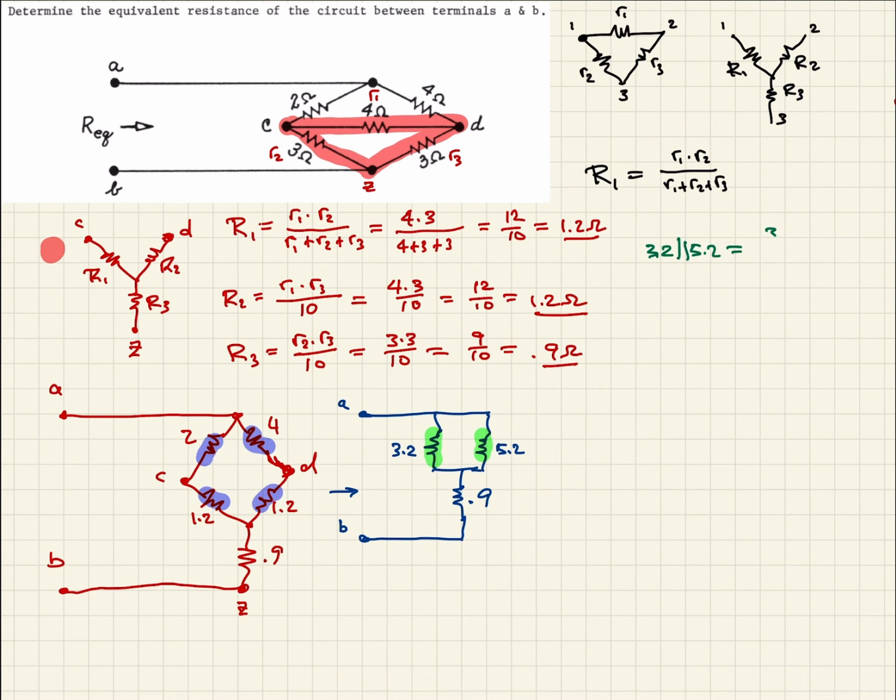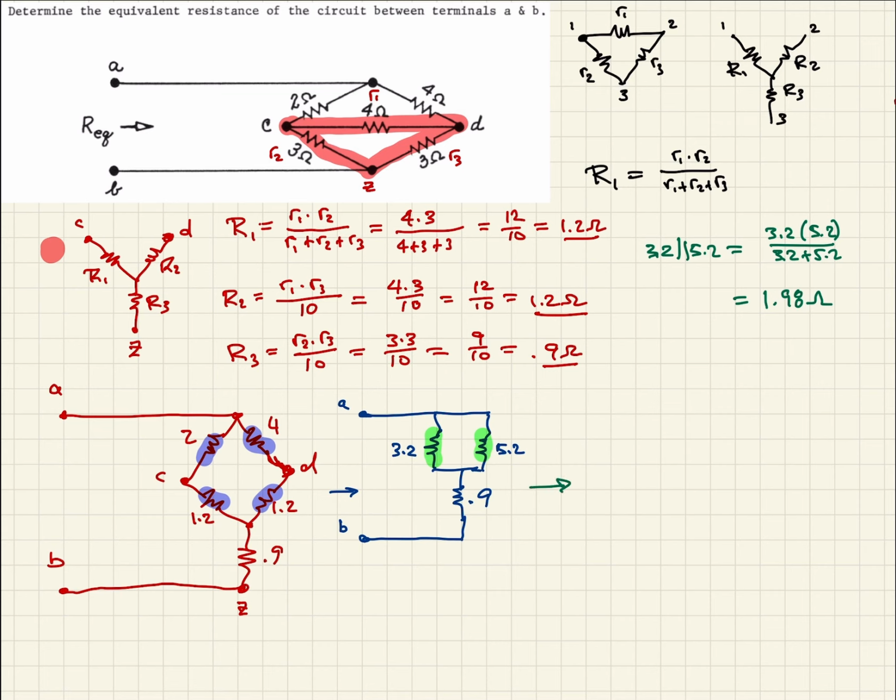That's going to equal 3.2 times 5.2 over 3.2 plus 5.2. And when we calculate that out, we should get 1.98 ohms, just plugging that into the calculator. So those two then can be replaced.